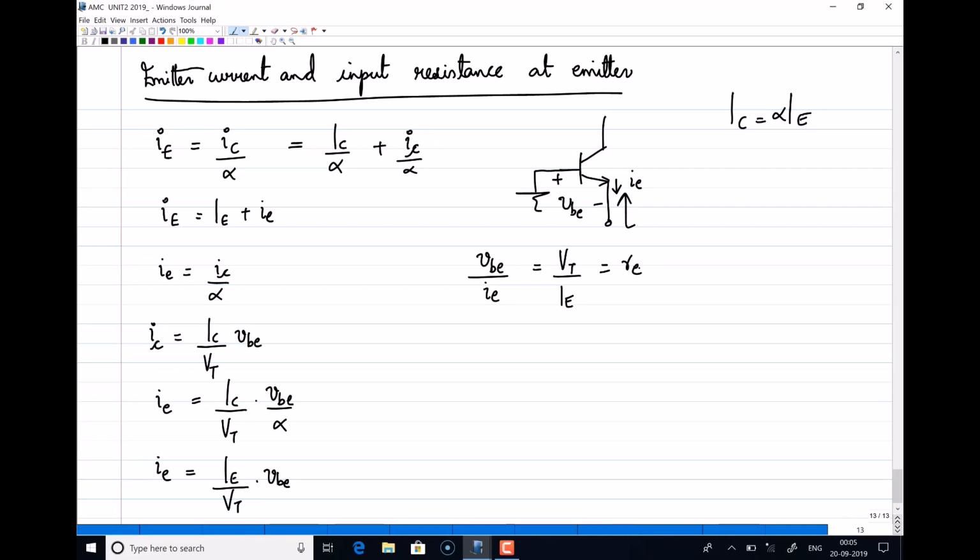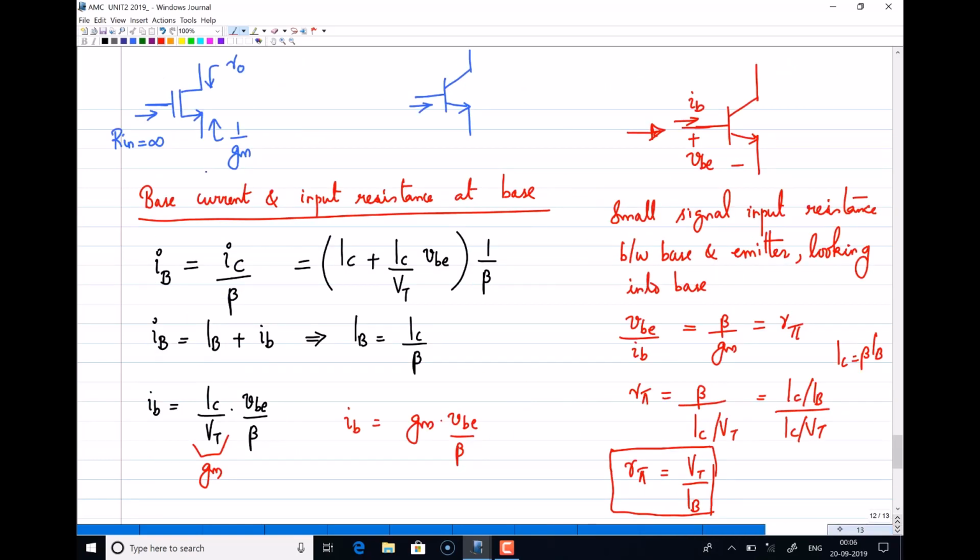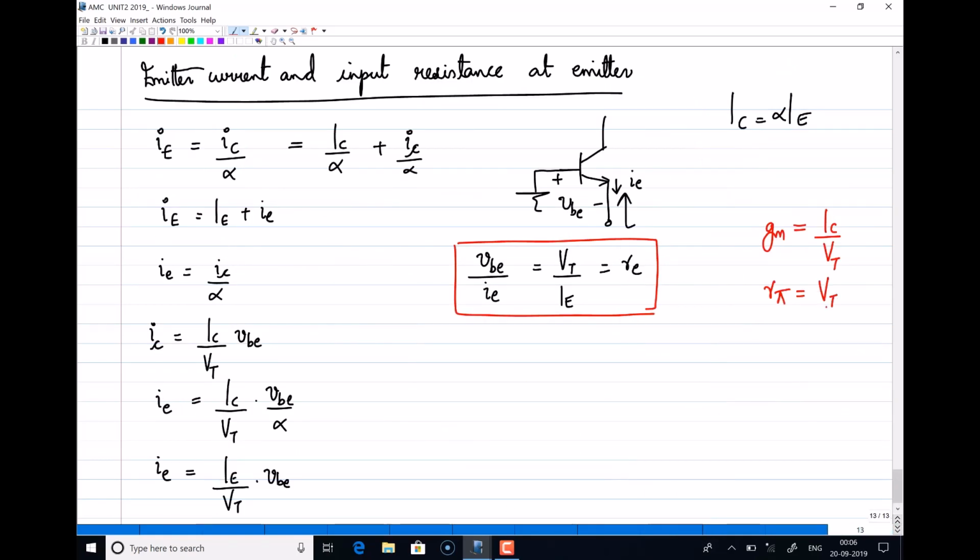This is also important. To summarize the expressions we have derived: one is the small signal parameter, the transconductance, GM, which is IC by VT. Second is R pi, the base resistance we obtained here, which is VT by IB.